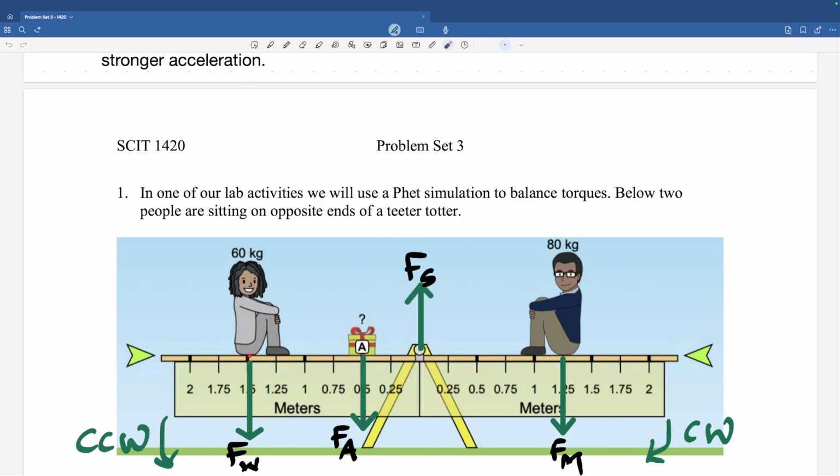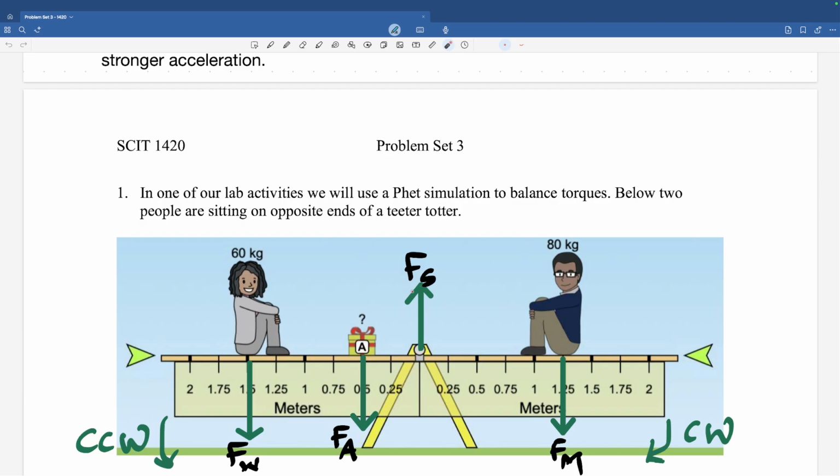Number one, the weight of the lady, which I have represented as F sub W. Then you have the weight of the object, F sub A. And finally you have the weight of the man, which is force sub M. Now there are these three forces acting down, but to maintain equilibrium, there is a fourth force at the support acting vertically up.